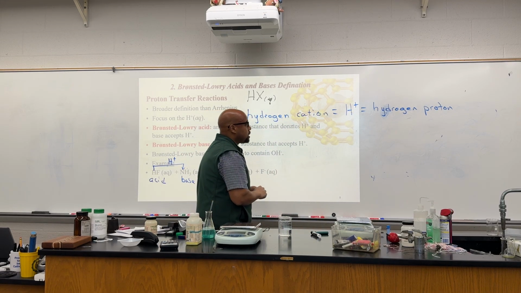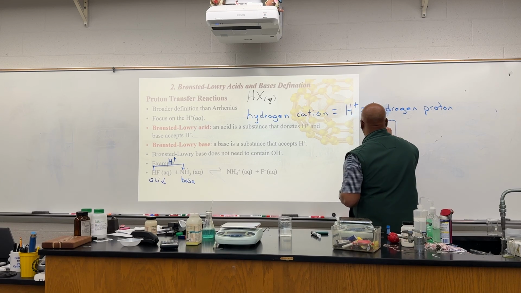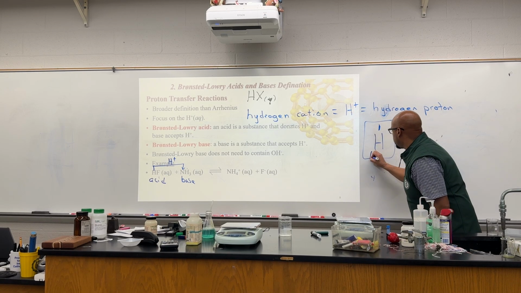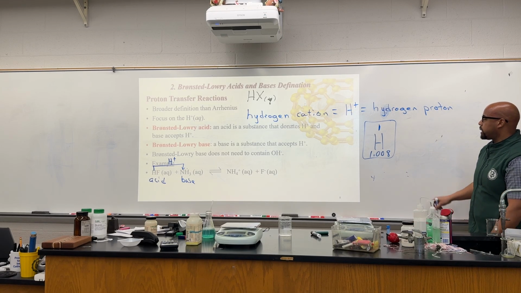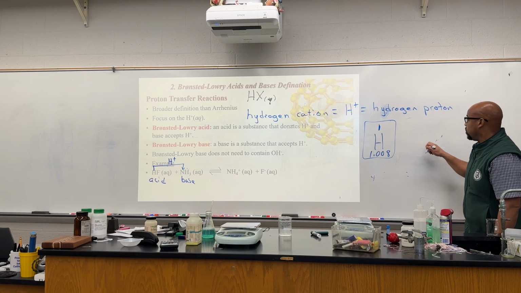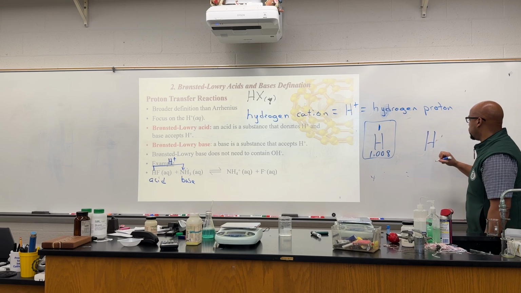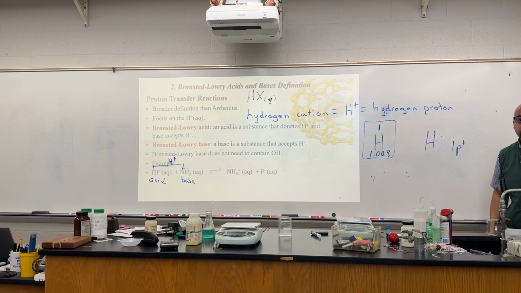Why do they call it a hydrogen proton? Well, let's just think about hydrogen for a second. If I look at elemental hydrogen based upon the periodic table, this is like 1.008 down here. How many protons does neutral hydrogen have? One proton, right? So just neutral hydrogen, no charge, has one proton. How many electrons does it have? One electron.